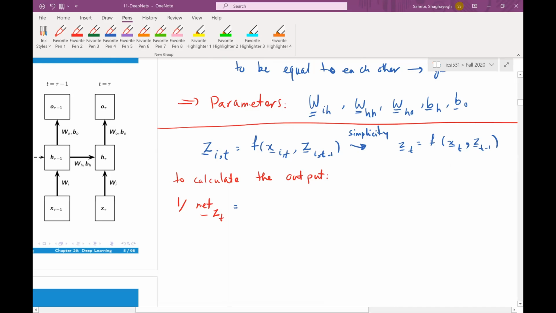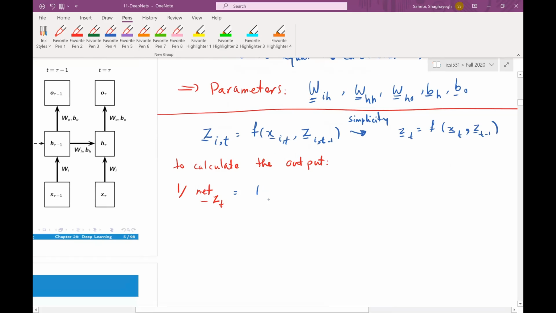It is equal to, now, because it's a function of both x and z, so let's first do the x thing. This is similar to MLP. It's W_IH transpose x_t plus b_H.